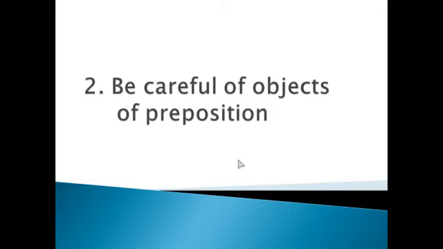An object of a preposition can cause confusion in the structure section of the TOEFL test because it can be mistaken for the subject of a sentence.